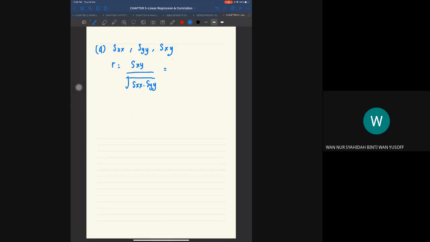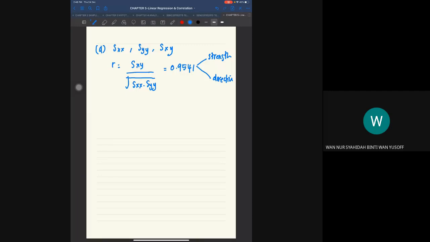So what do you get for your r? 0.9541. Okay, so for the interpretation, we know that we need to have two measures. First is the strength, second one is the direction.